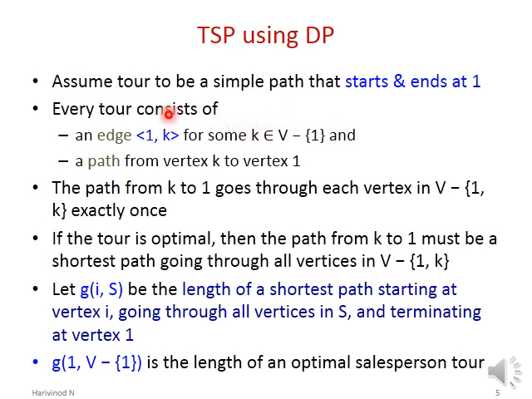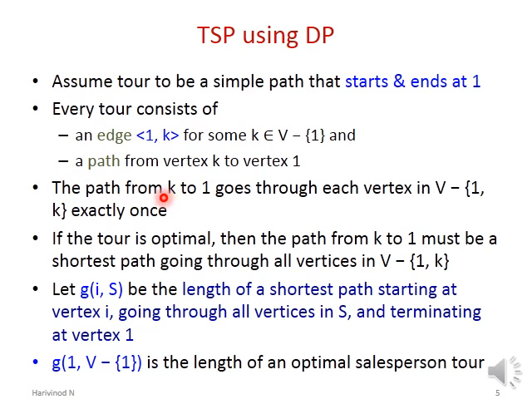So the overall tour can be broken into a single edge from 1 to k and a path from k to 1. This is how we broke the complete tour, as a single edge and the rest of the edges as a path.